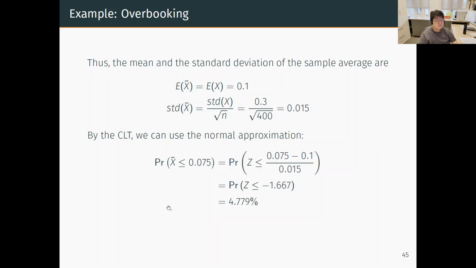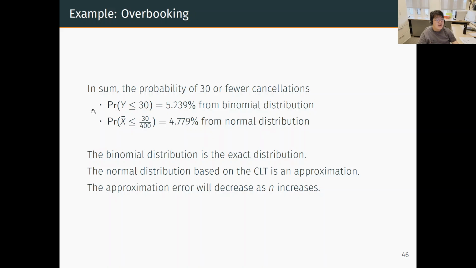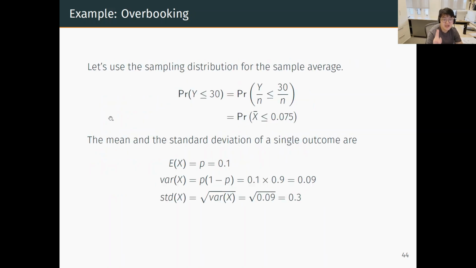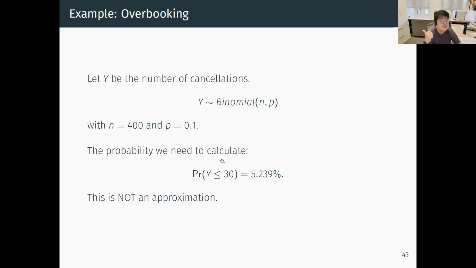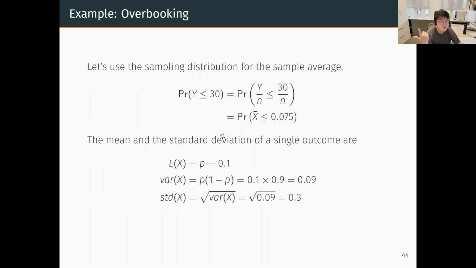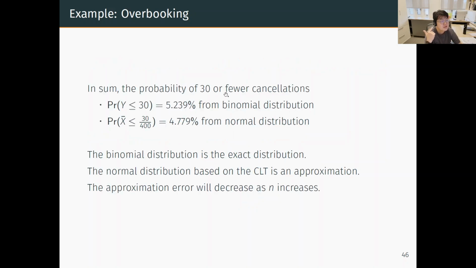And then why are they different? We calculated the same probability using two different methods. One is the binomial distribution, and the other is based on the central limit theorem normal approximation. They are different. What is correct? The binomial distribution is correct in this case, because the normal distribution is an approximation, but the binomial distribution is not.